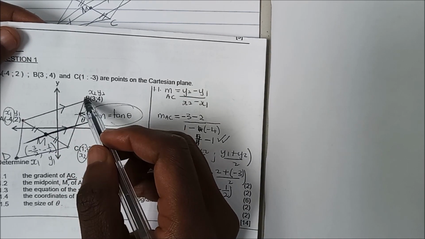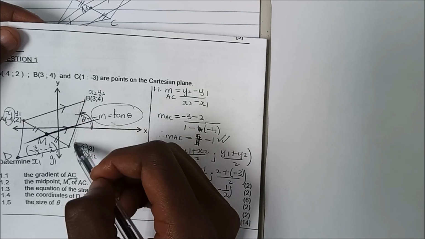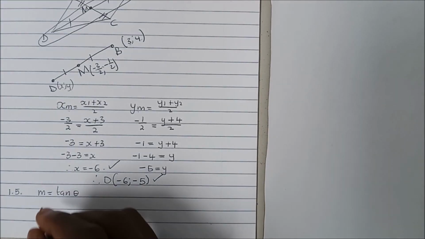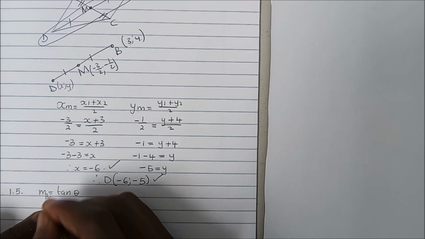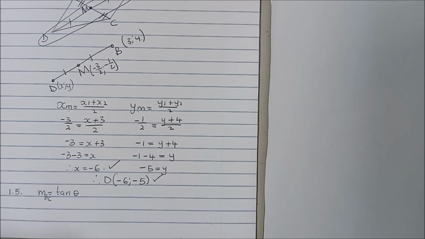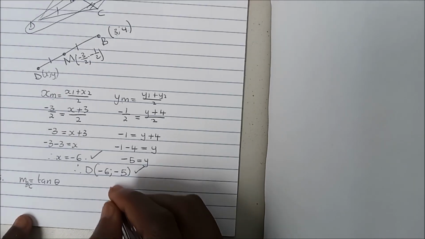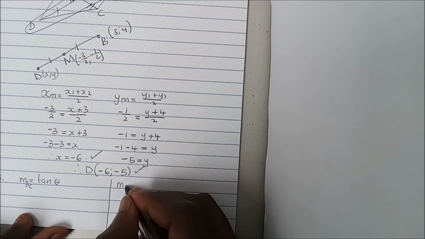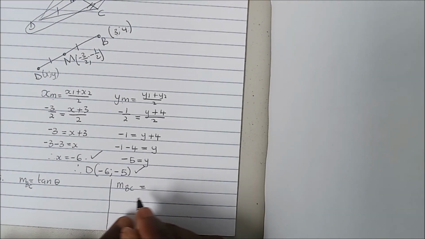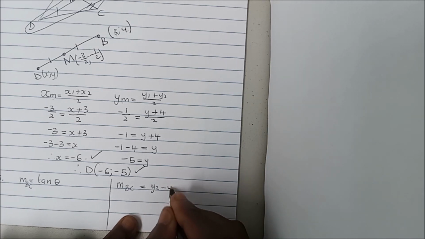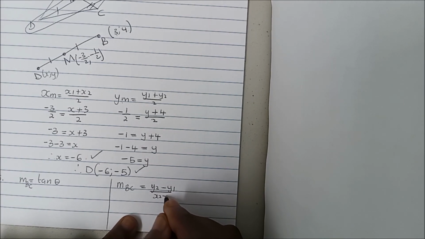The line BC. So now we need the gradient of line BC, because in this formula we are going to use the gradient of BC. So now let's go ahead and find the gradient of BC. We know the formula for gradient is y2 minus y1 over x2 minus x1.